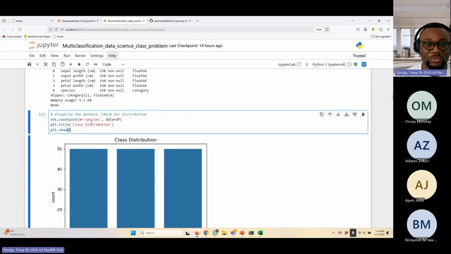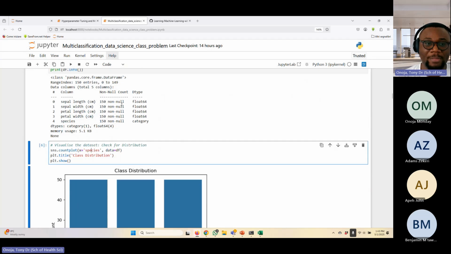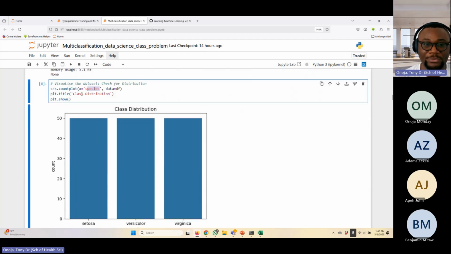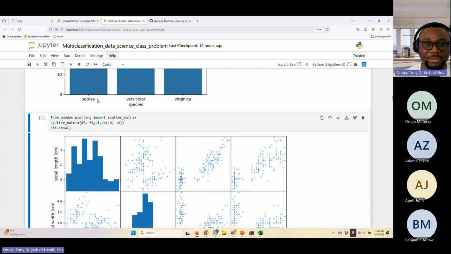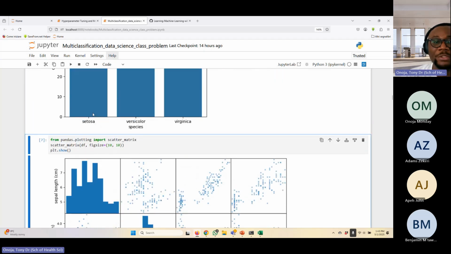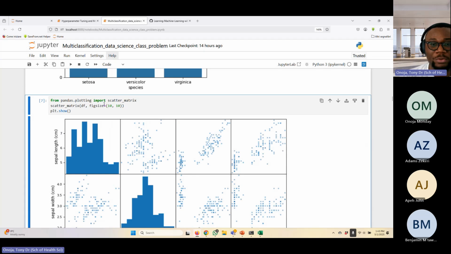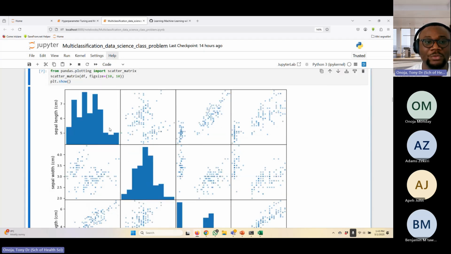The next thing we need to do is to visualize. Now remember, because the species is categorical, you have to use a bar chart. So again, we use that. But if you notice, I introduced some new plots here because I want you to have a taste of other kinds of plots you could do outside the ones we have been doing.